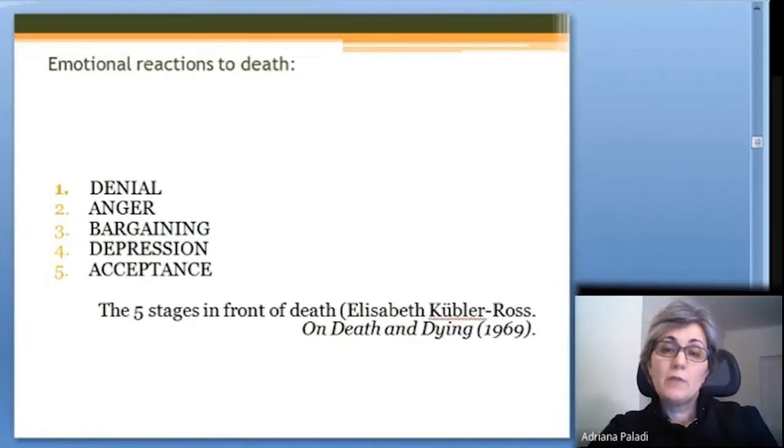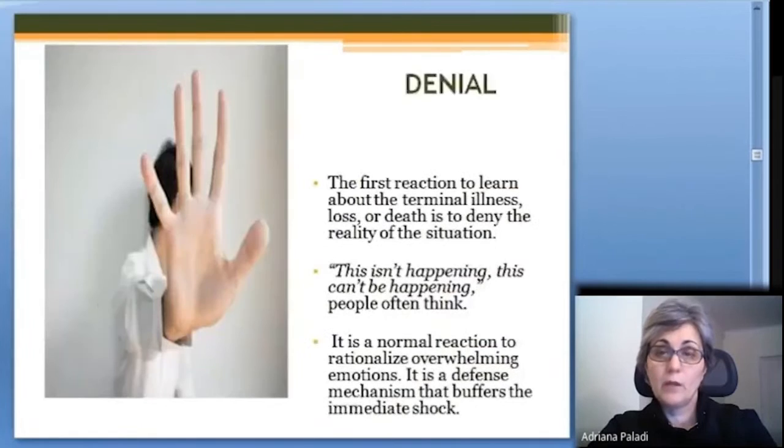A very famous author, Elizabeth Kubler-Ross, in her book On Death and Dying, mentioned that the majority of patients in front of death or loss feel the following emotions: denial, anger, bargaining, depression, and acceptance. And we will talk about all of them.